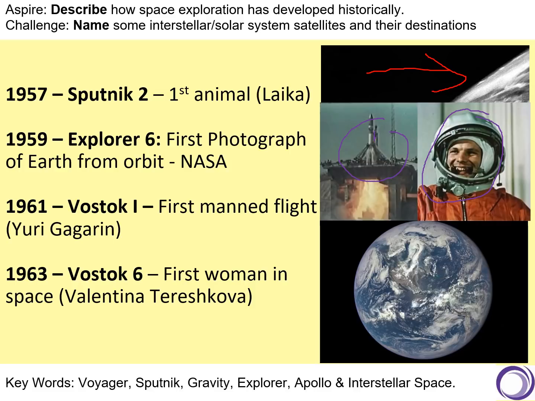This brilliant image here is from the 1970s. It is the first image of Earth from space in its entirety. So it's not taken from certain pictures. Now, obviously, it's been enhanced photographically, but that is the first image.